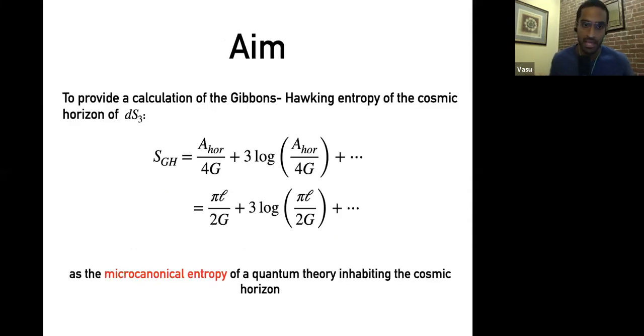But first, the aim is to provide a calculation of the Gibbons-Hawking entropy as a count of microstates. And for reasons that I will explain soon, I will aim to compute this entropy as a microcanonical entropy of a quantum theory that inhabits the de Sitter horizon.